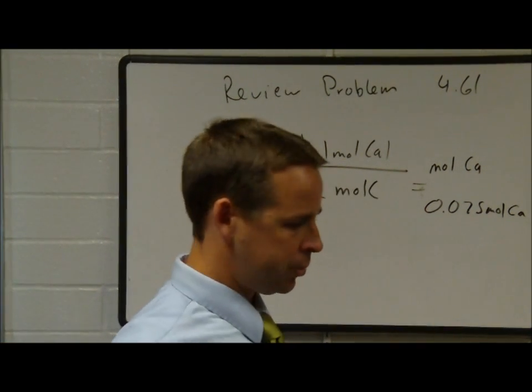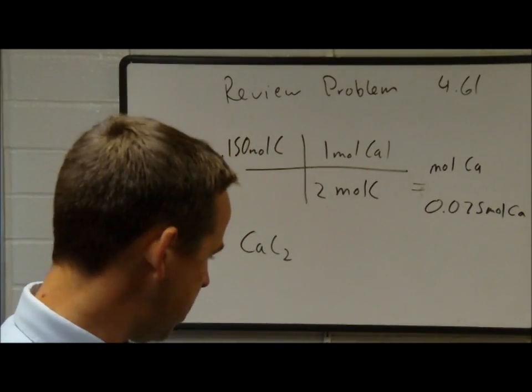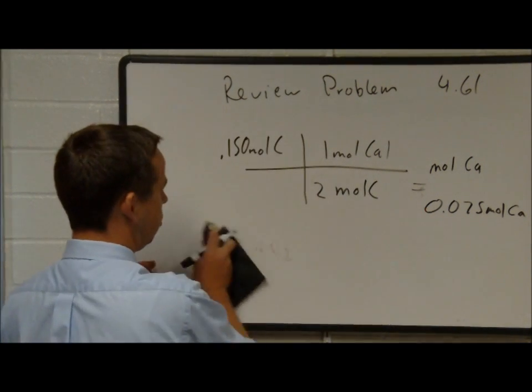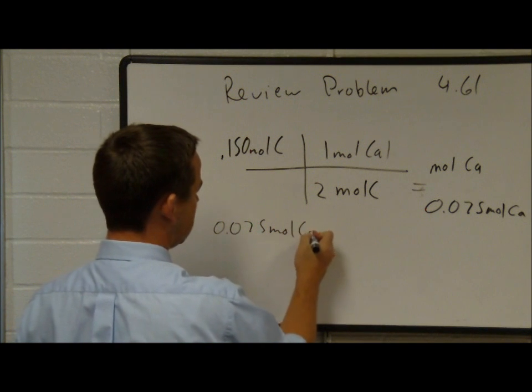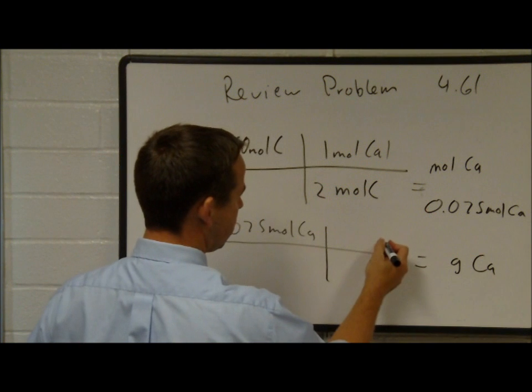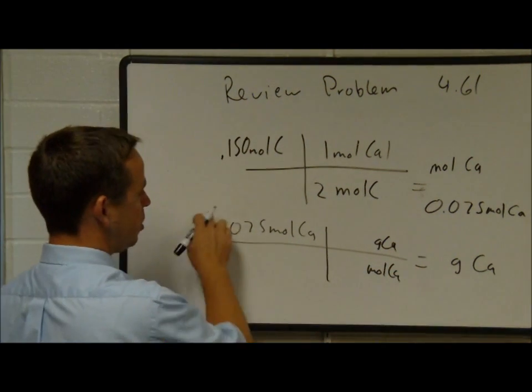All right, so that's how many moles of calcium. And they wanted moles of calcium, so we stopped there, but we could have extended it. We could have extended it to, if I have 0.075 moles of calcium, because we want to know now how many grams of calcium that is, right? So we have grams of calcium on top, moles of calcium down below, 0.075.